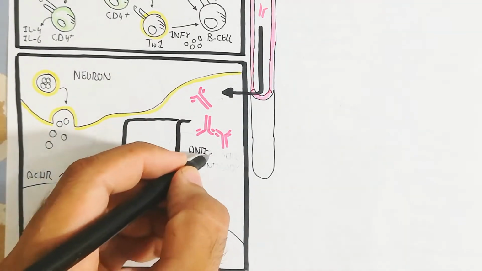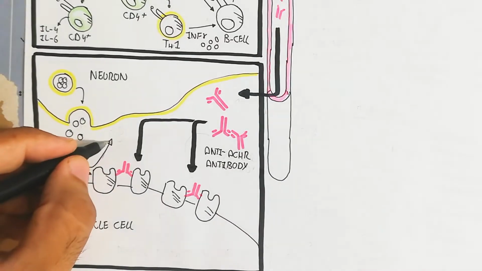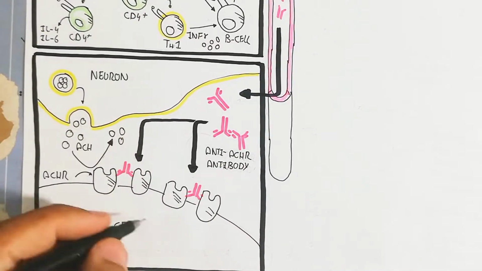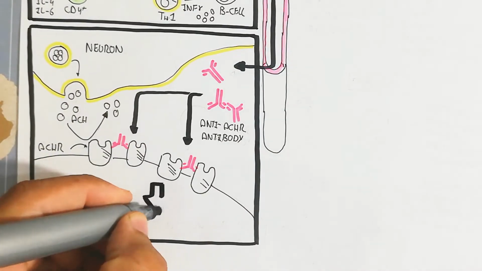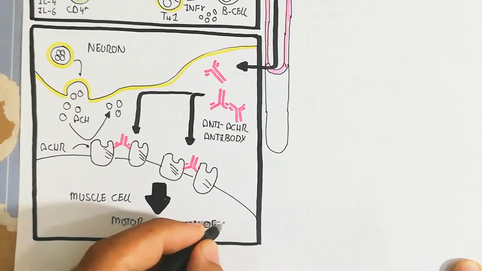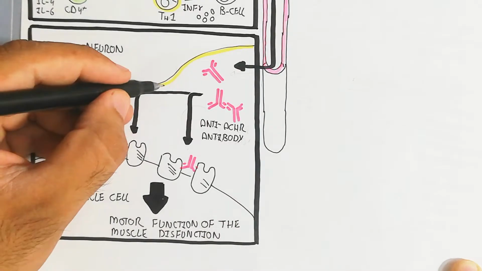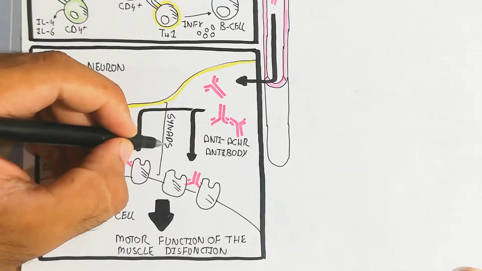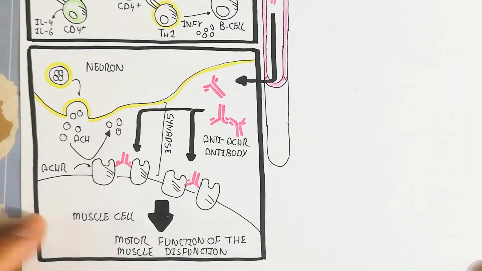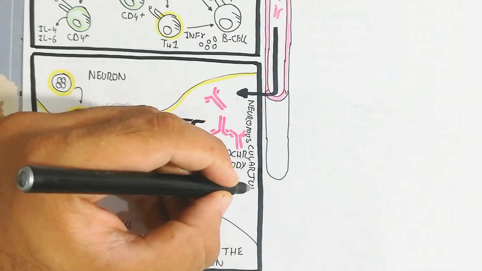After binding to the neuromuscular junction, the receptor collapses, and the neuron's exocytosis of the neurotransmitter means acetylcholine will not bind. That is why there is a collapse of the synapse and dysfunction of the motor function of the muscle.